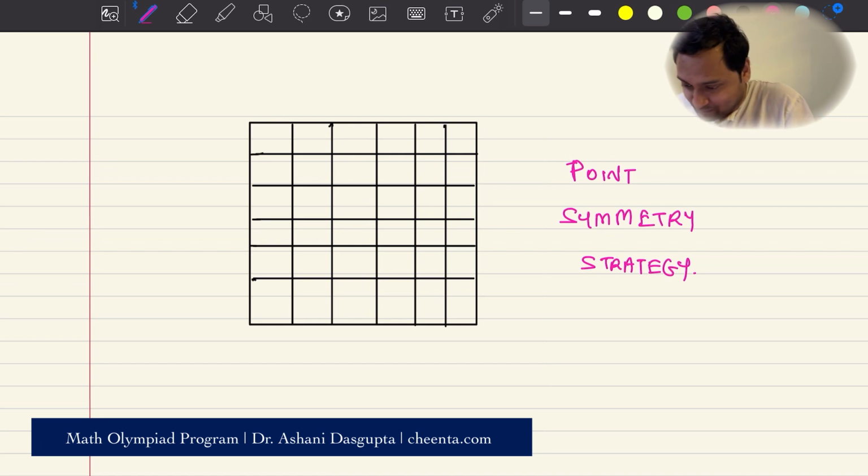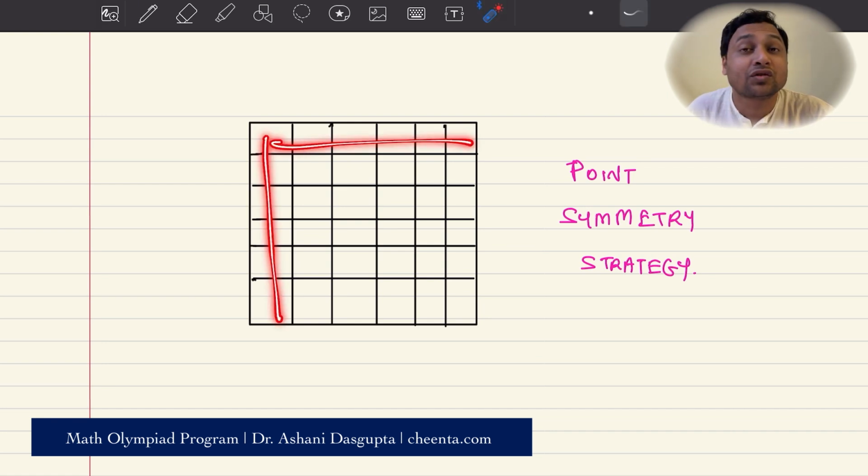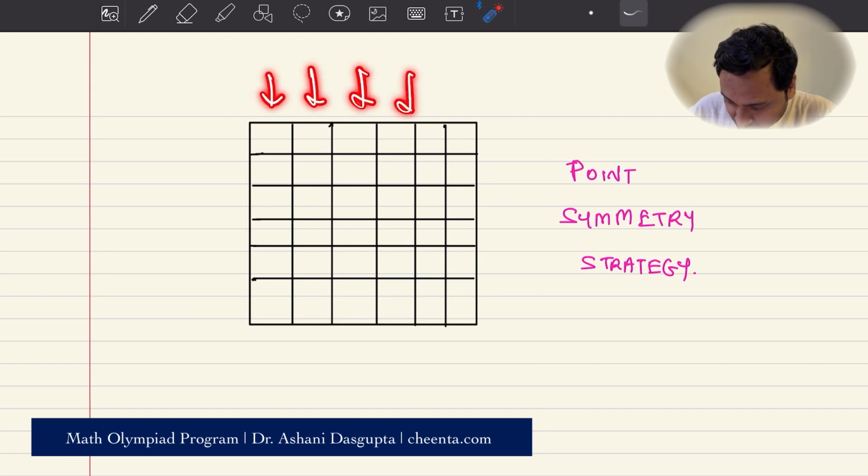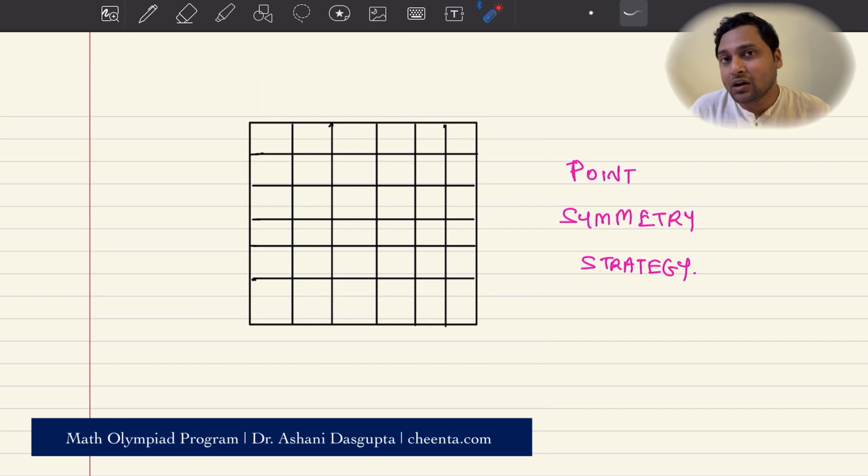All right, so let's start with the problem. This is a game. The game is like this: you have a 6x6 grid. That means there are 6 rows and 6 columns. And you have dominoes.